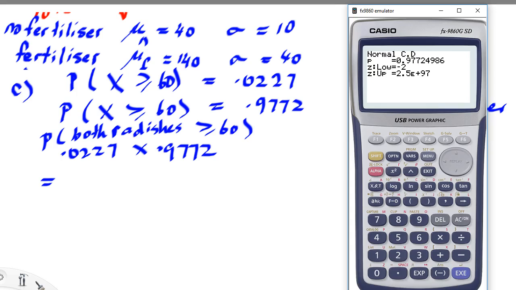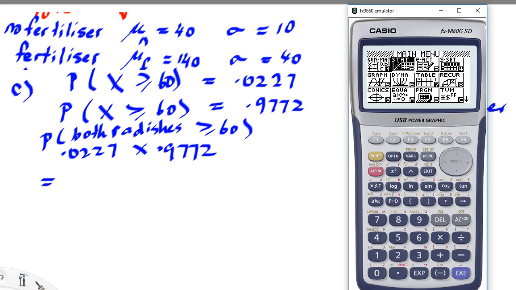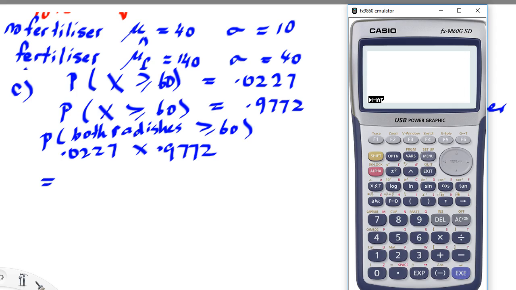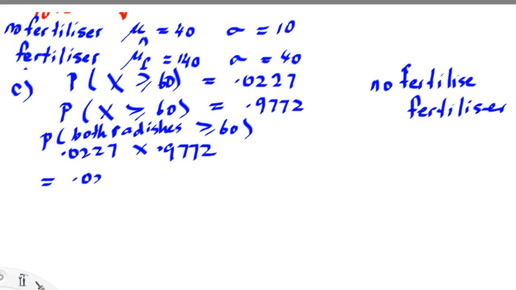If we just go to the run menu, 0.0227 times 0.9772 gives 0.022. So 22 in 1,000 probability.